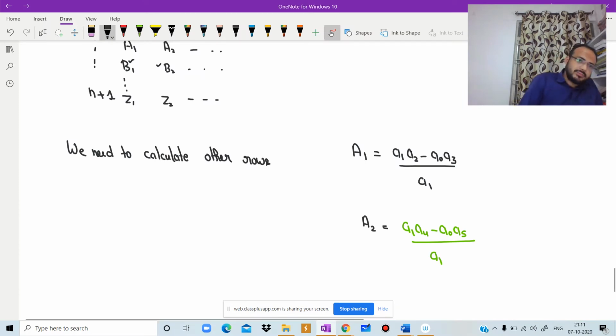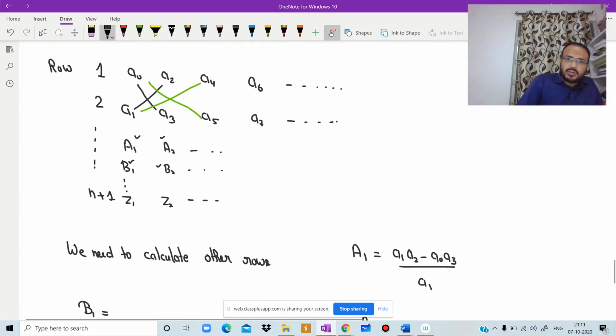Now we will calculate B1. The value of B1 is equal to, you need to take this one. Again, in B1 case, A1 A3 minus A1 A2 divided by this A1.